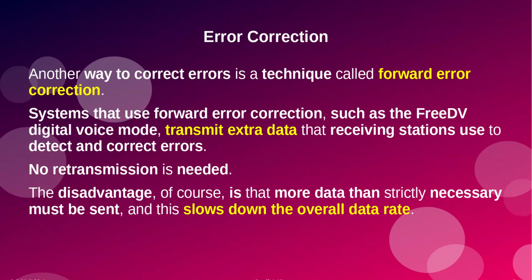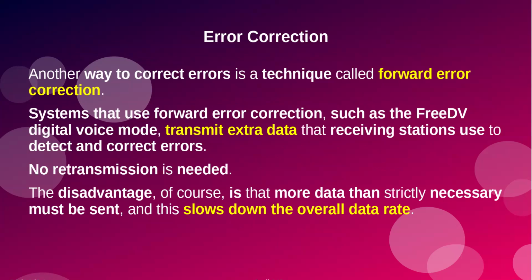Another form is called forward error correction, where you actually forward additional data. Sometimes it's copies of the message multiple times, so you can do voting, like you send it 3 times, and 2 out of 3 might be right.